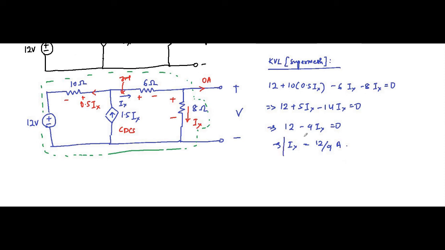And here the value of this voltage V across these two open circuited terminals is basically the voltage drop across this 8 ohm resistor. Current flowing through it is Ix, so V is equal to 8 Ix, which is equal to 8 into 12 by 9, that is 96 by 9, which is coming around 10.67 volts.